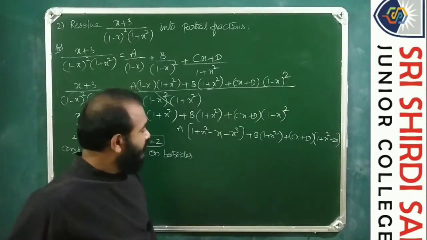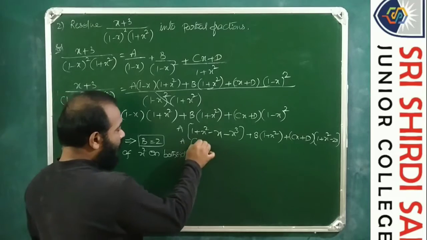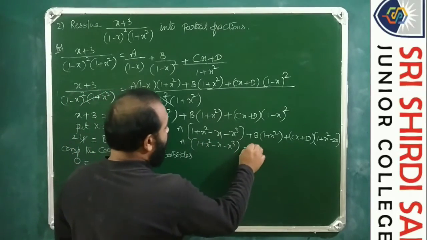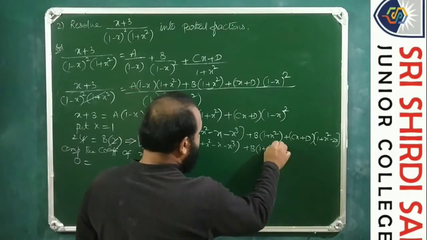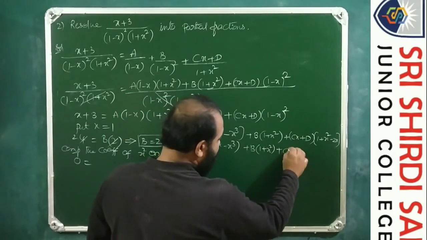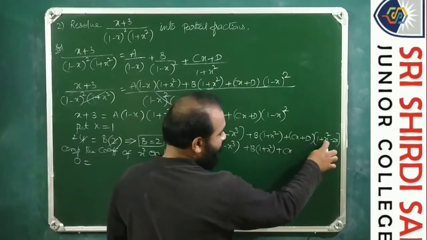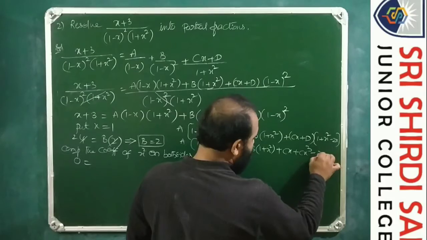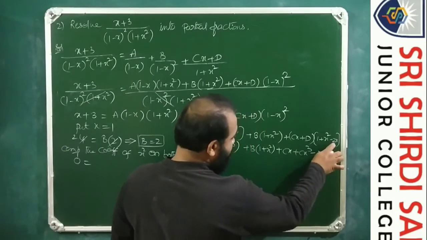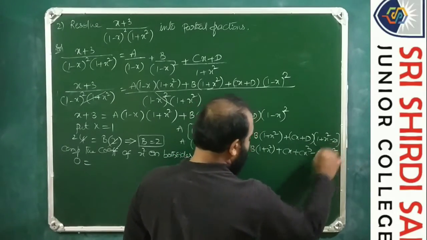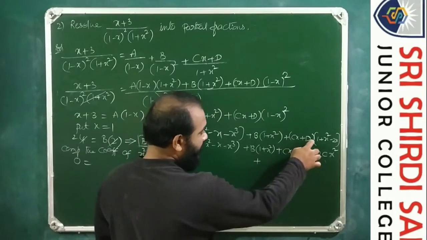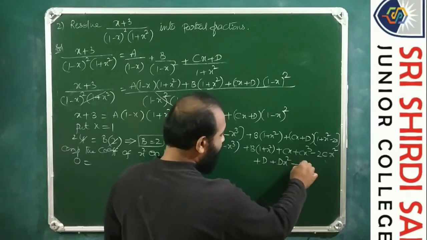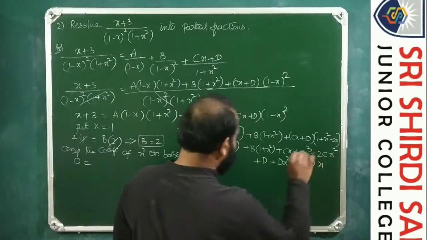On expansion, this is a into (1 plus x square) minus x cube, plus b into (1 plus x square), plus cx into 1, cx into x square is cx cube, cx into minus 2x is minus 2c x square, plus d into 1 is d, plus d into x square is dx square, minus 2dx.